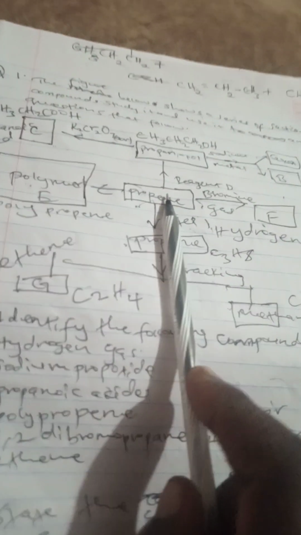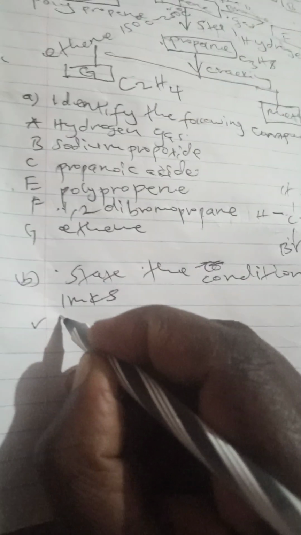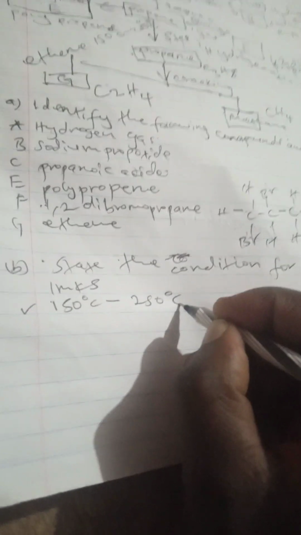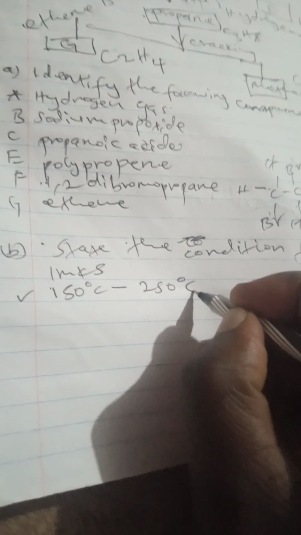So for this hydrogenation to occur, we must have 150 degrees Celsius to 250 degrees Celsius as the temperature, and number 2, what is this catalyst?